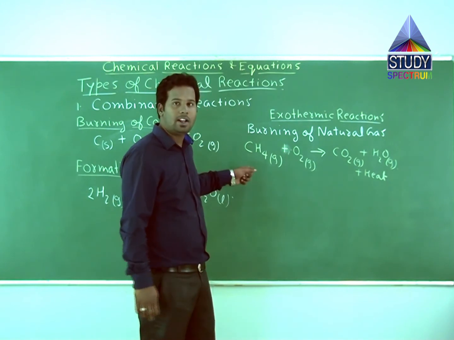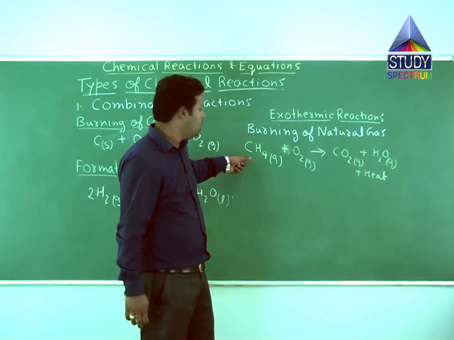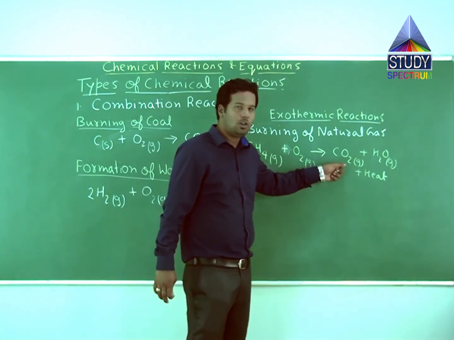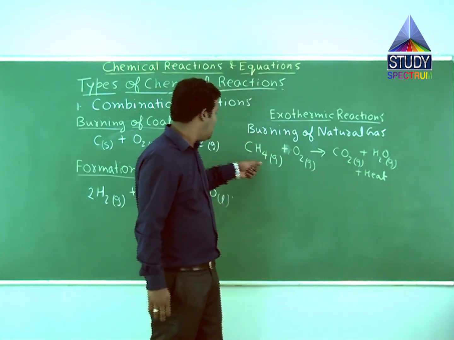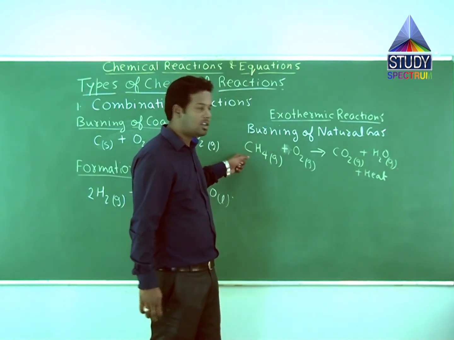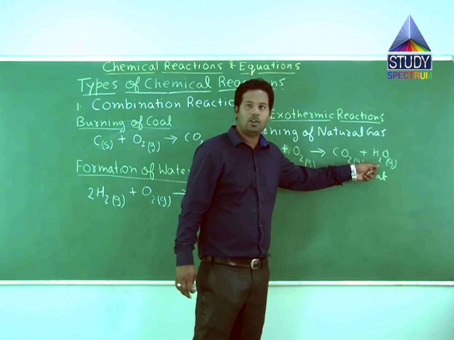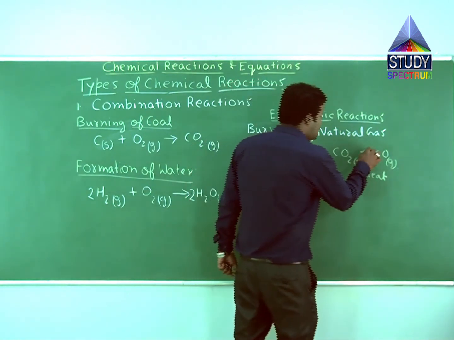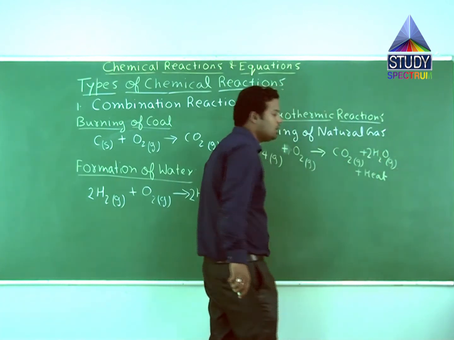Correct? Now is this reaction balanced? Let us see. Carbon in LHS, the number of carbon atoms is 1. In RHS it is also 1. If you see hydrogen, there are 4 hydrogen atoms in LHS, contained in the first reactant, and there are only 2 hydrogen atoms contained in the second product in RHS. So I can place 2 over here to balance hydrogen atoms.